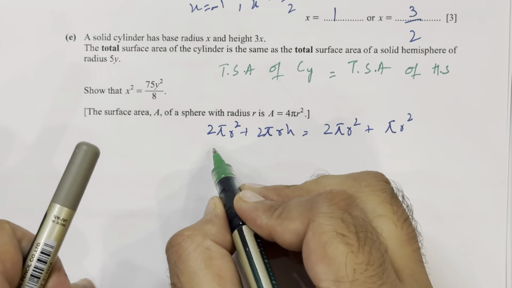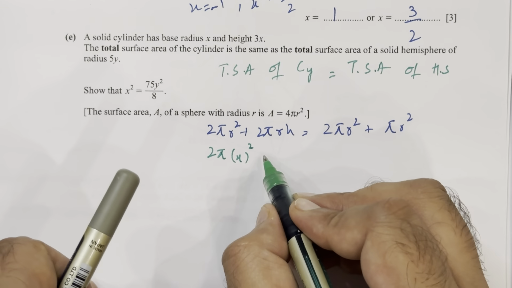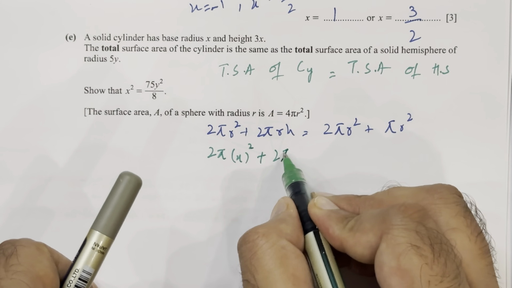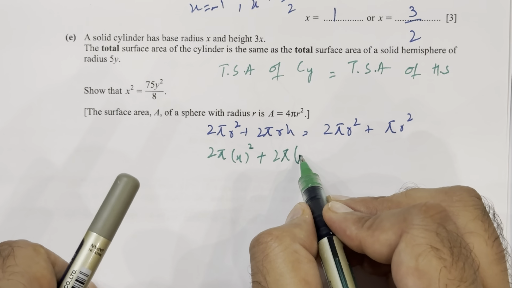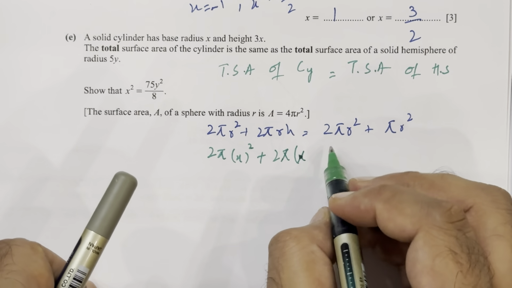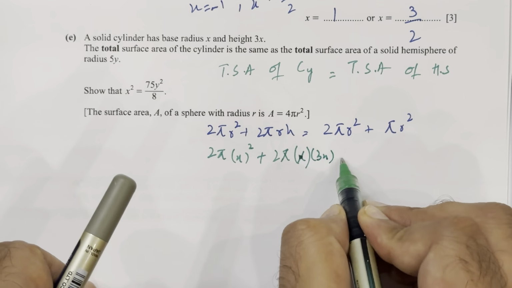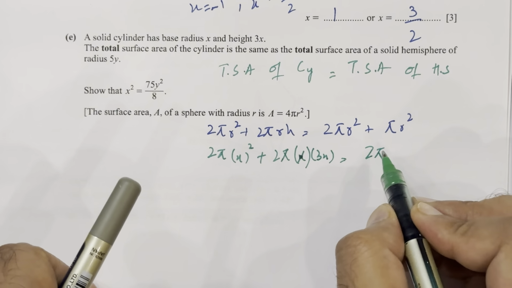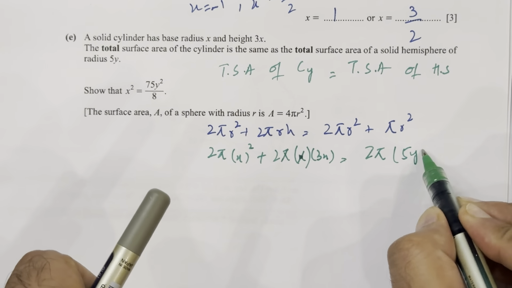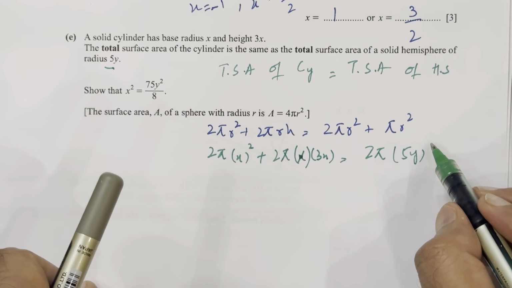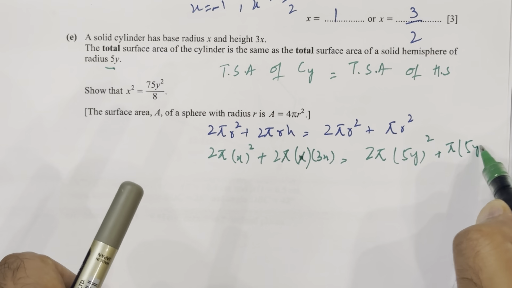We know that the radius over here is x, 2 pi x square, and the height is also 3x, and over here the value of r is 5y because it is mentioned the hemisphere has a radius of 5y, and pi into 5y whole square.